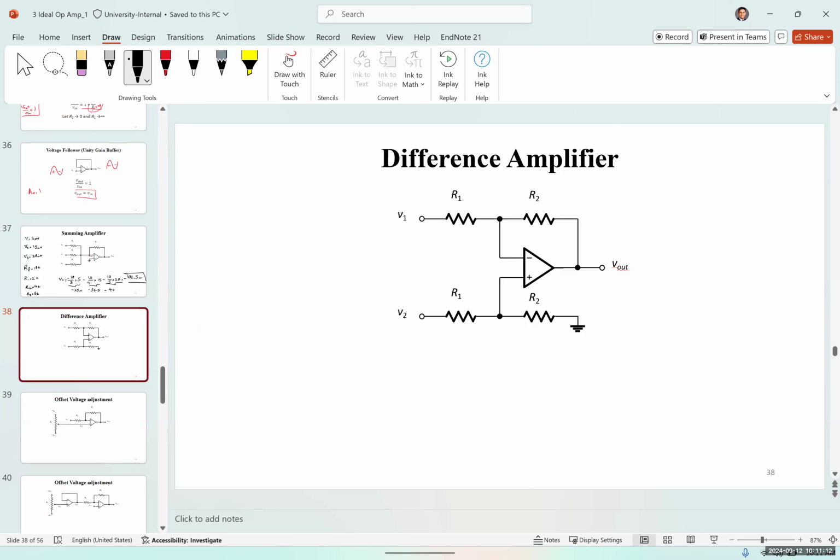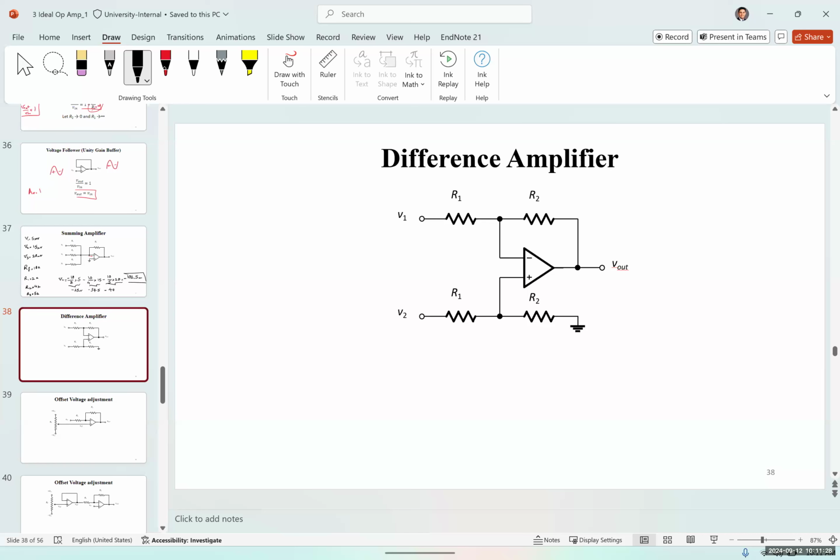Okay, the next type of amplifier we have is called a difference amplifier. A difference amplifier is a combination between an inverting amplifier and a non-inverting amplifier.